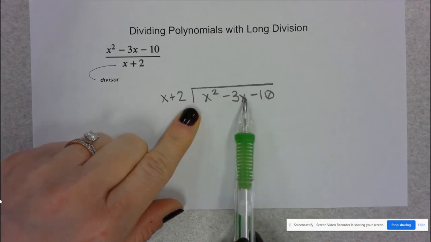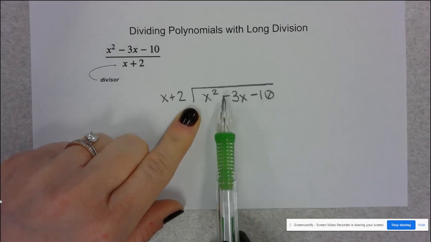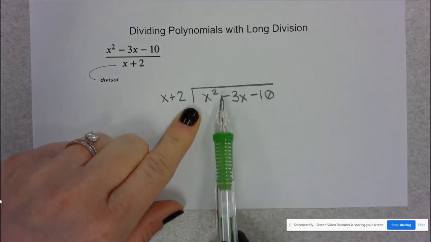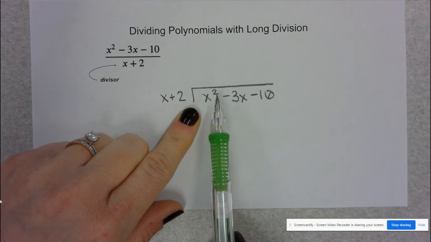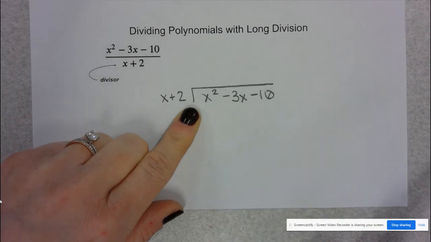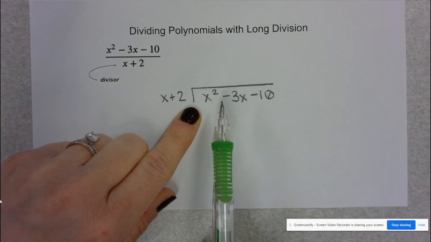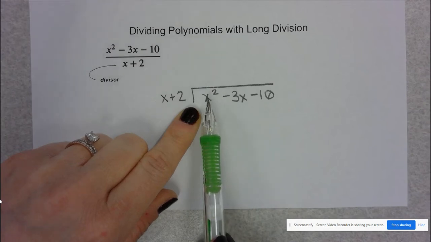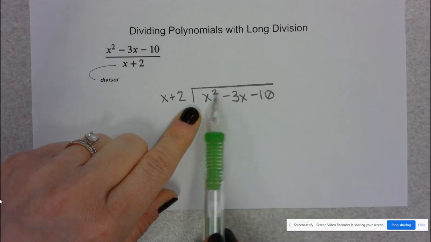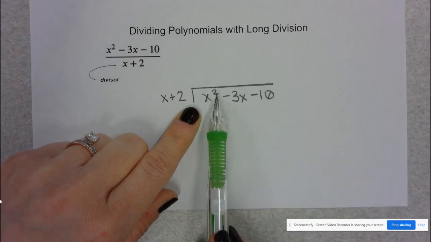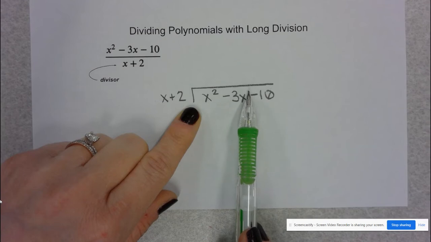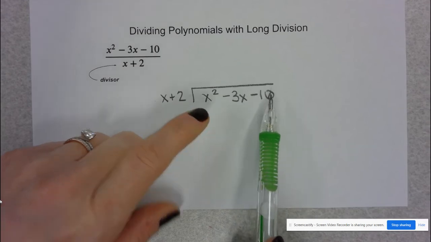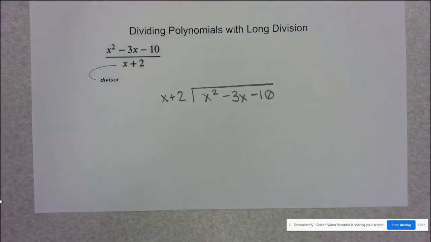We need to make sure that I am including the exponents in descending order, so it needs to be in standard form. And I need to make sure that all of my terms for each exponent are included. So the highest exponent is 2, so I need to see an exponent of 2, an exponent of 1, and then my constant.